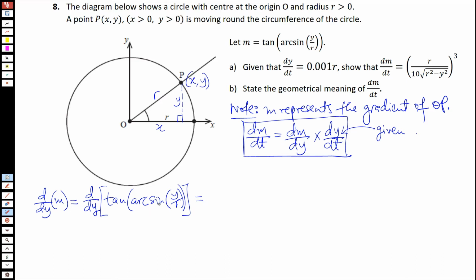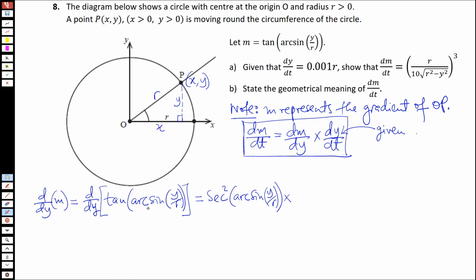Now here we can apply the chain rule, so we differentiate outside and inside. The derivative of this will be equal to secant squared of what is inside, and what is inside is arc sine y over r, and then multiplied by the derivative of arc sine y over r.